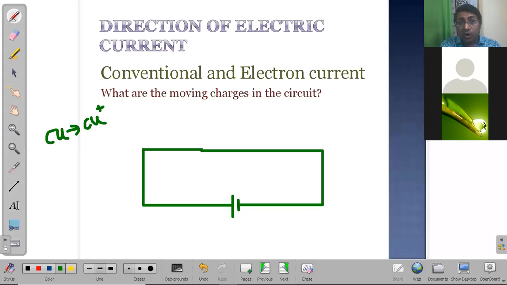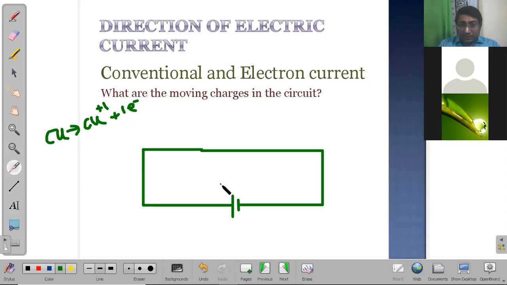I'm using copper plus 1 and 1 electron. So each copper atom is only donating 1 electron to this society of the wire. So in fact, in this wire, there are both positive charges and negative charges. Copper plus 1 is the positive charge, electron is the negative charge.